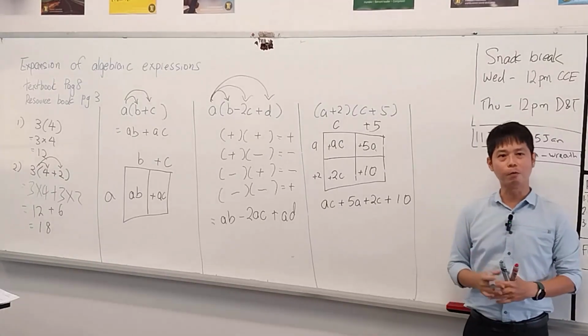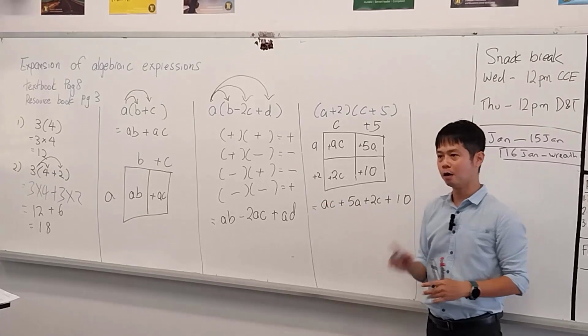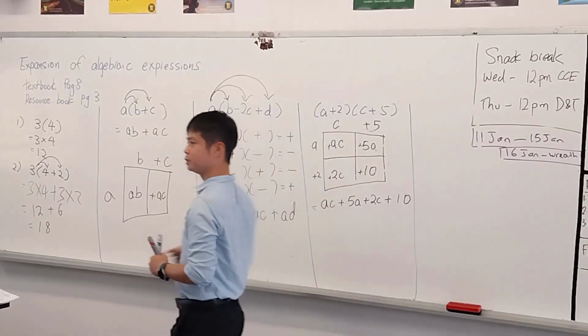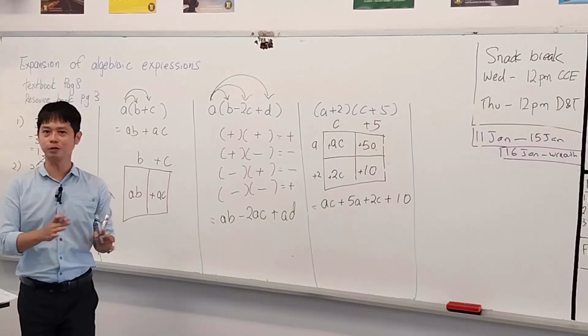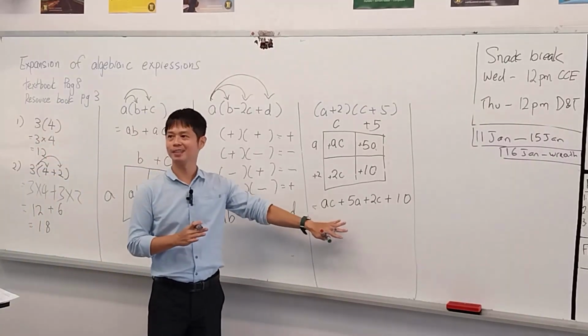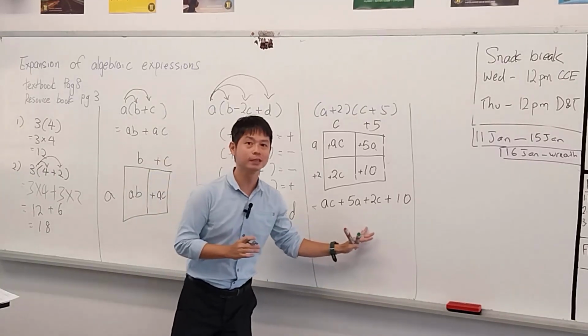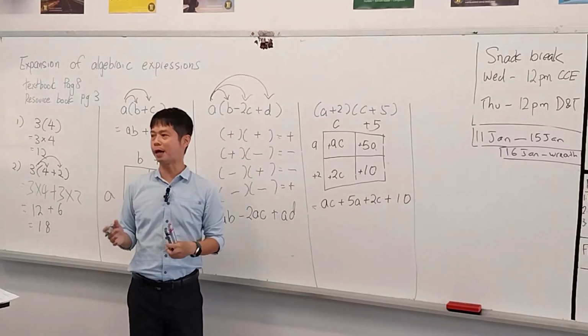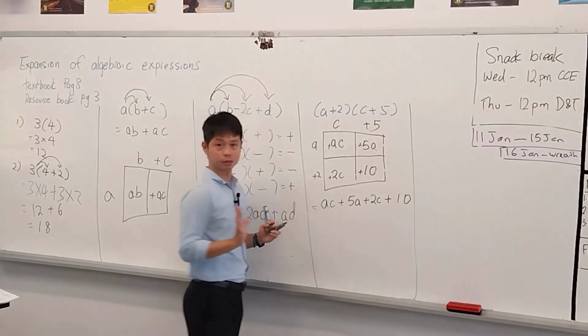Now, can anyone tell me what is one thing you have to check before we conclude that this is the final answer? What is one thing you must check for this? Okay. Anyone else know? They all cannot be the same. So what do we mean by they all cannot be the same? That means they cannot be like terms.